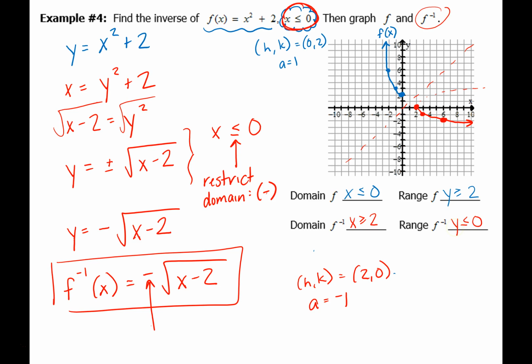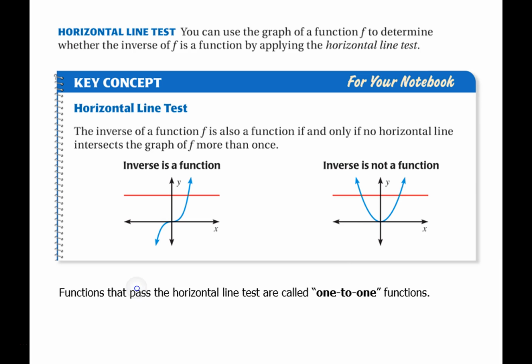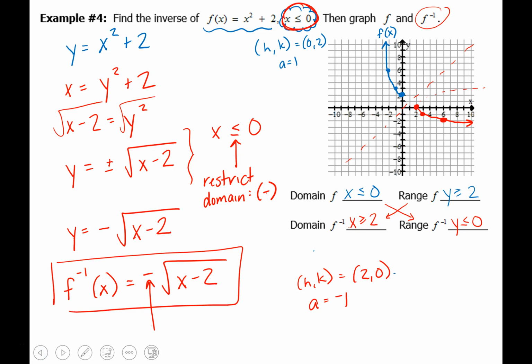Now notice here that the domain of my original function f moved to be my range. I changed the x for a y because those flipped, and my range became my domain, though I changed my y to be an x because we changed those places in the original flip that we did up here.